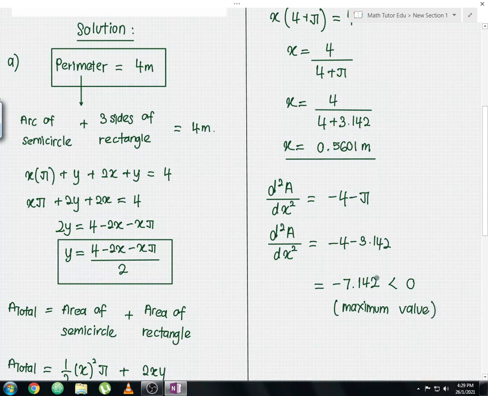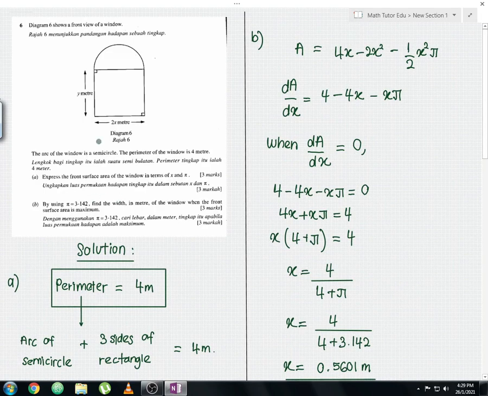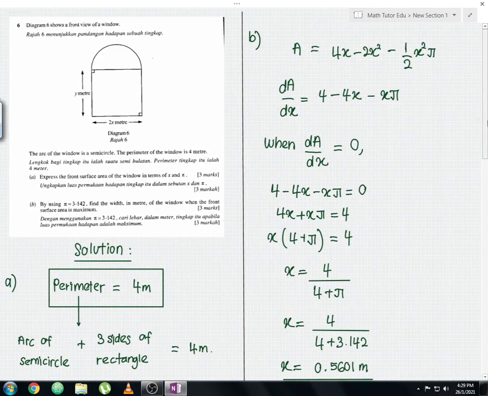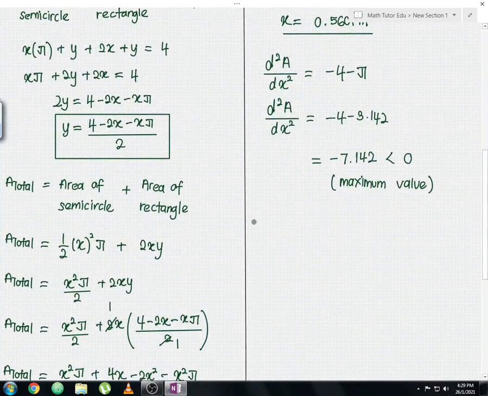Once we've done the double differentiation, let us continue. The final step is to calculate the width. Like I said, the width is 2x meter, guys. So this is the width of the window. So the width is equal to 2x meter.